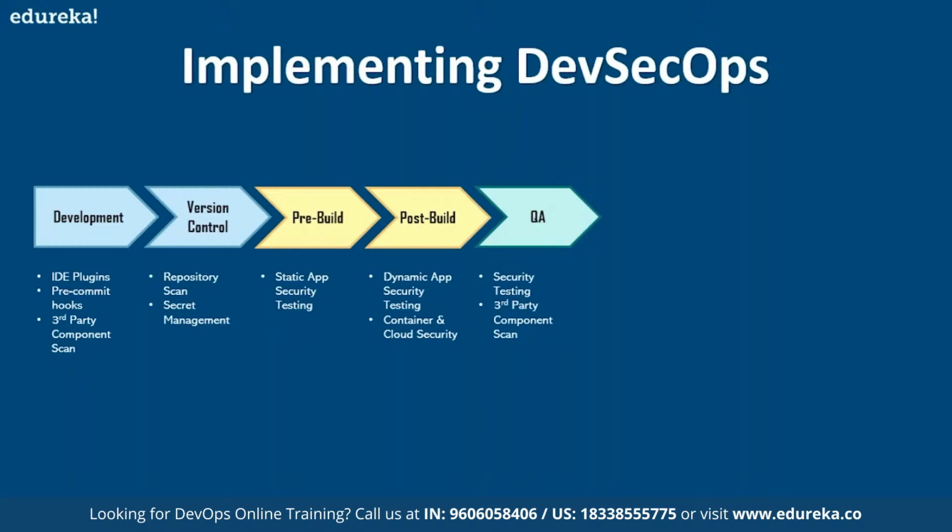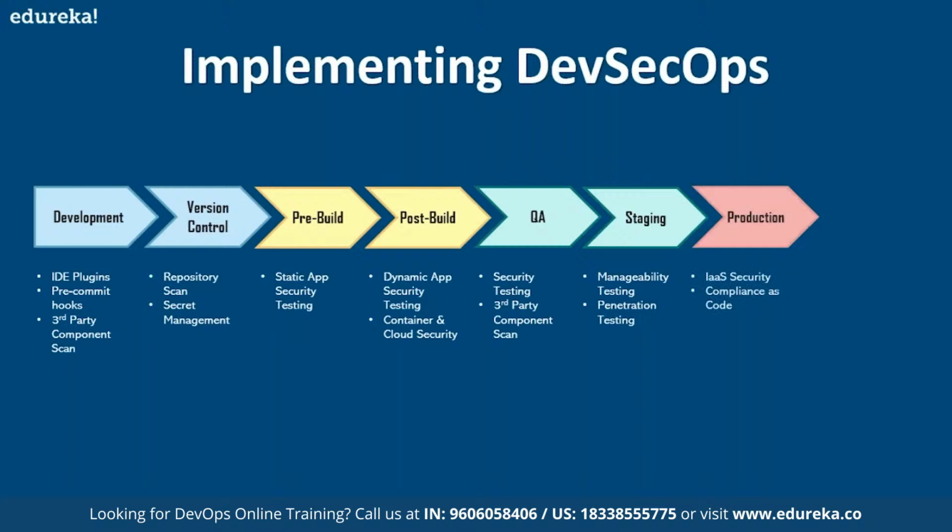Quality and QA: during the QA check, we will have a look at security testing. Third-party component scan shall be conducted again. Staging: at the staging stage, we'll have a look at manageability testing and penetration testing.